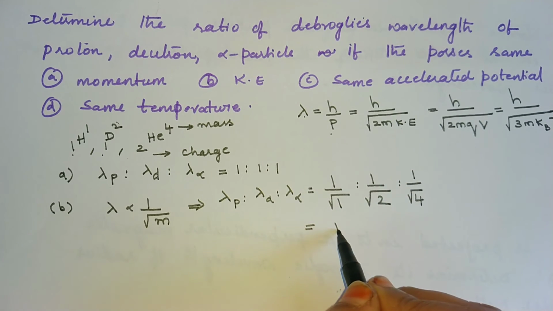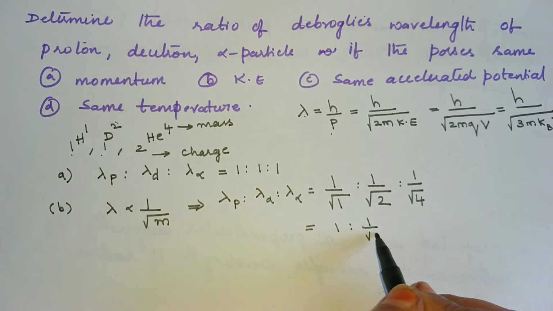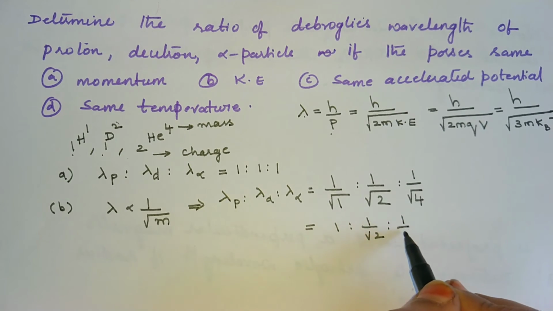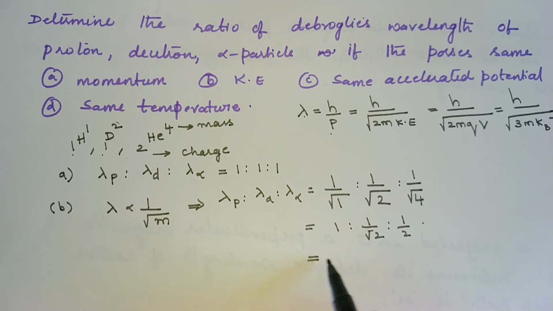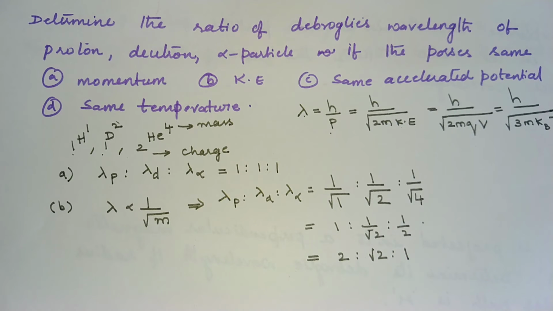On simplification, you can write it as 1 by root 2 is to 1 by 2, or you can multiply throughout with 2 and further simplify it as 2 is to root 2 is to 1. Then come to C bit.